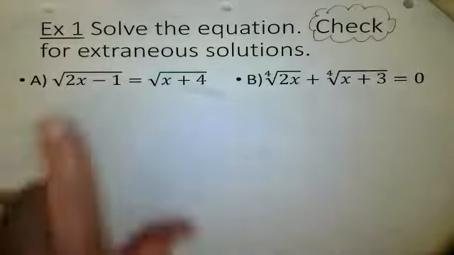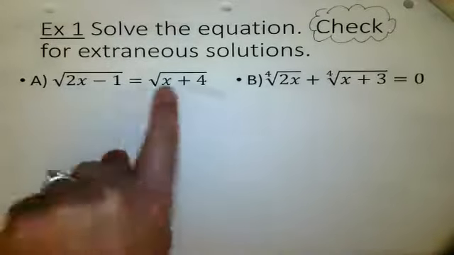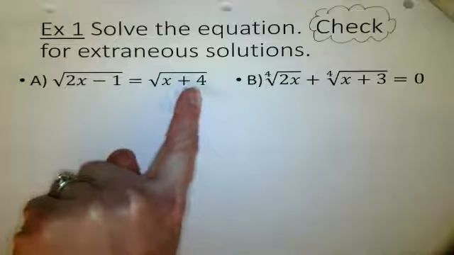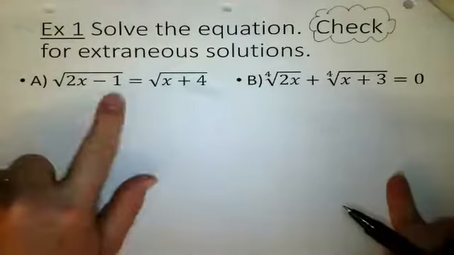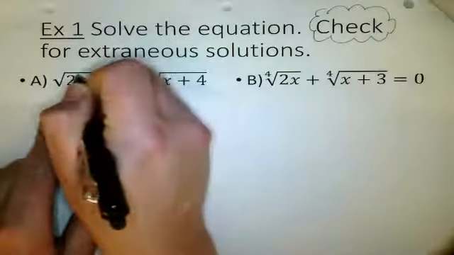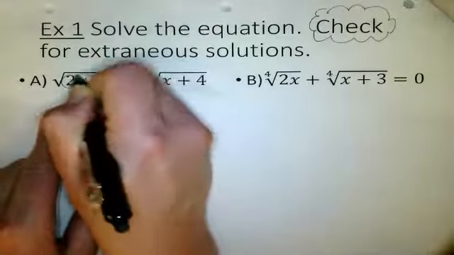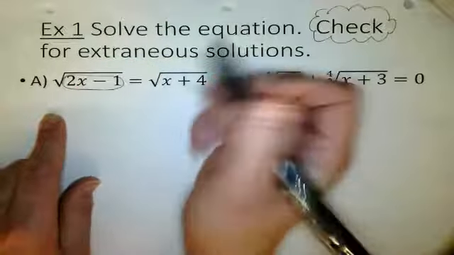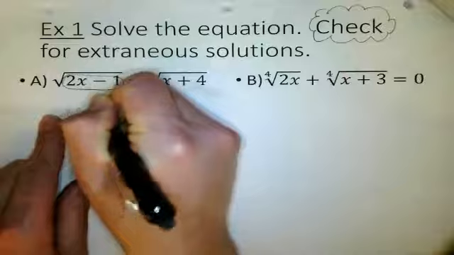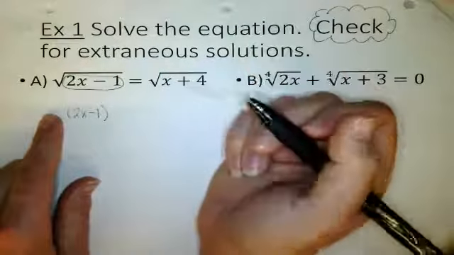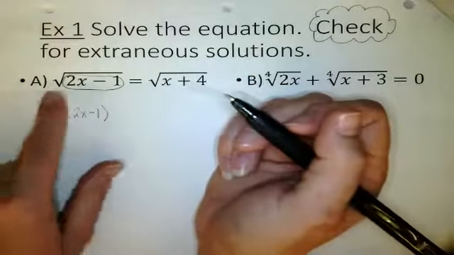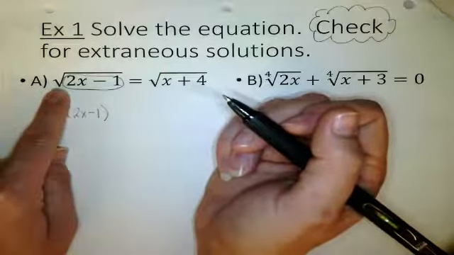All right, so you can see here on letter A, we have a radical equal to a radical. And just like on Friday, I find radicals cumbersome. So if I have something under the radical, I'm going to rewrite that, and I want to use an exponent. What exponent can I use instead of this square root?